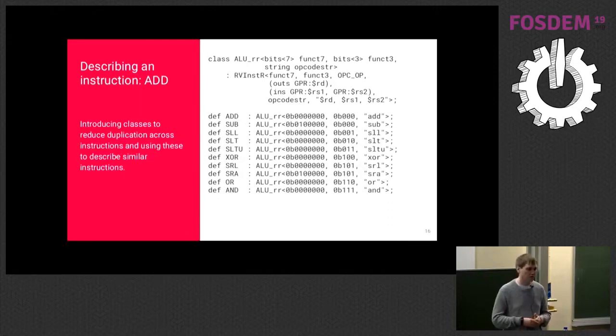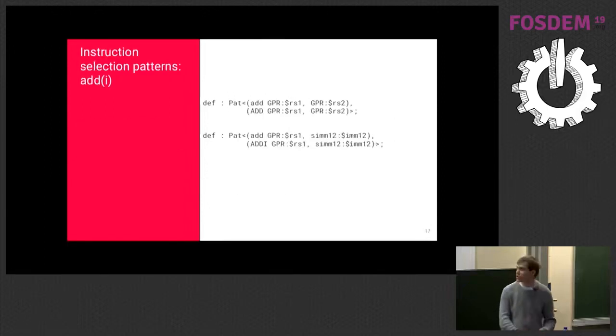That involves writing C++ logic for more complicated cases, but in a simple case such as an add, you just write these patterns. These are patterns on nodes of a selection DAG, a directed acyclic graph, specifying that if you have an add node which looks like this, convert it to a RISC-V instruction which looks like this.